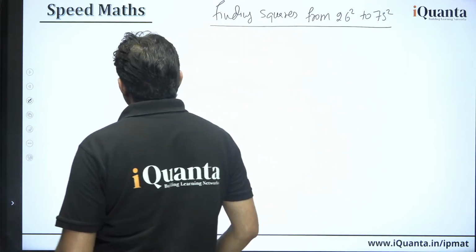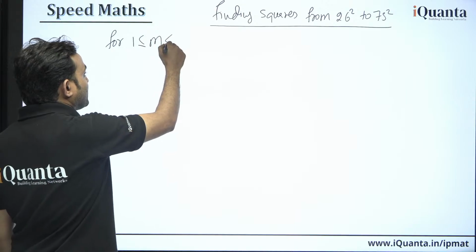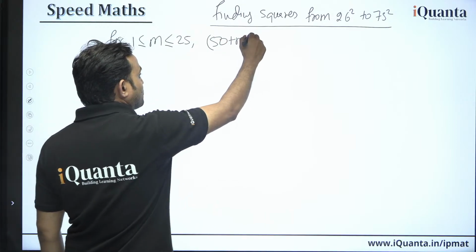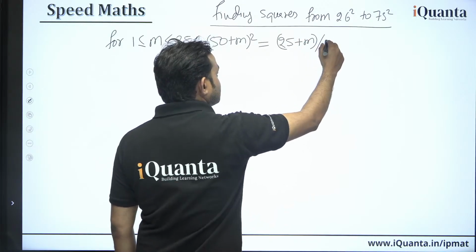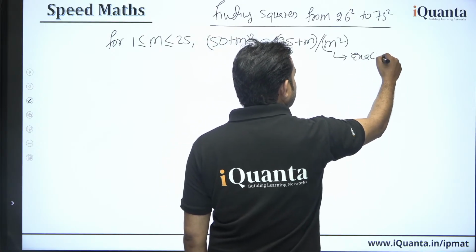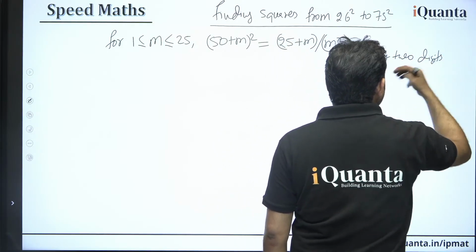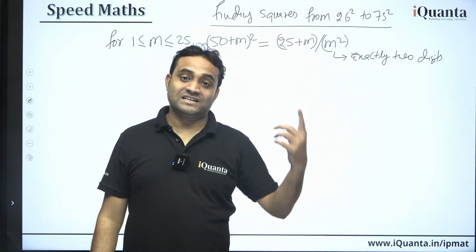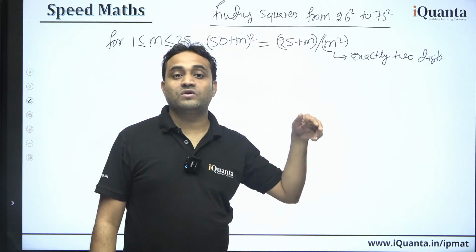For m greater than or equal to 1 and less than or equal to 25, 50 plus m whole square will be equal to 25 plus m, followed by m square, where this m square will have exactly 2 digits. If this has 1 digit, then we will add 0. If this has 2 digits, we will keep it as it is. If this has 3 digits, we will take 1 carried forward, right?